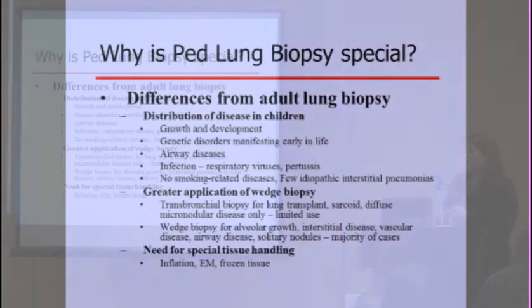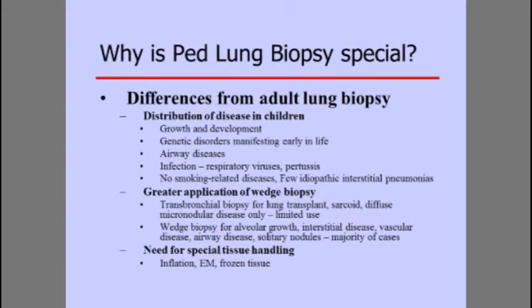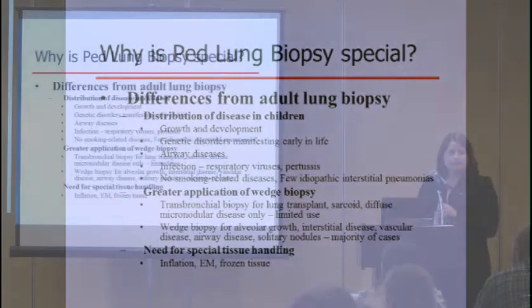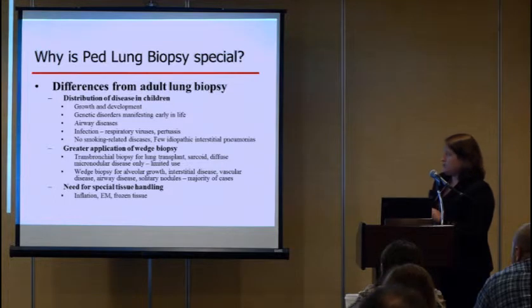We have to use the wedge biopsy in most cases because we're trying to assess what lung architecture looks like. And there's a lot of other ancillary studies that we do on a wedge biopsy that just simply couldn't be done on a transbronchial biopsy because of the small amounts of tissue.